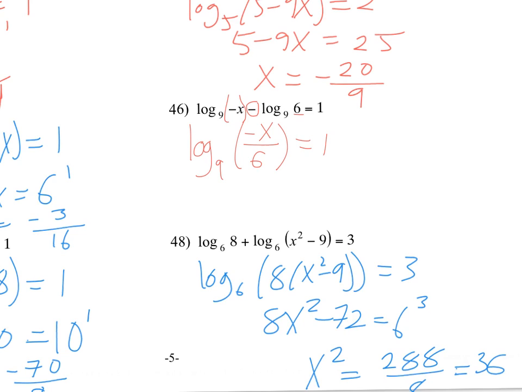At this point, I'm going to convert this to an exponential. So 9 to the 1, or just 9, is equal to negative x over 6. I'm going to multiply both sides by 6, and I get negative 54 is equal to negative x. That means that positive x is equal to negative 54.